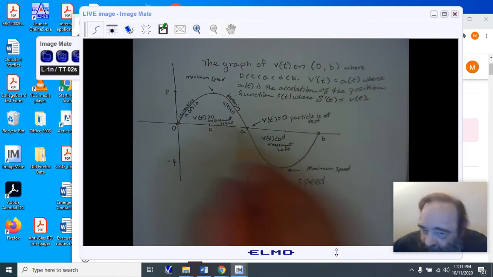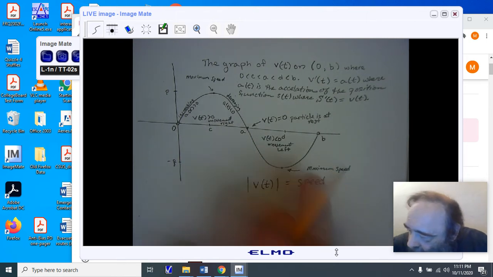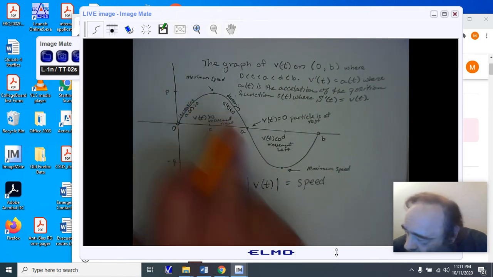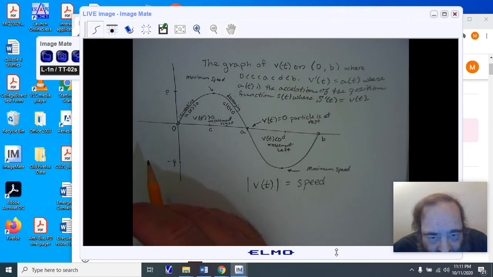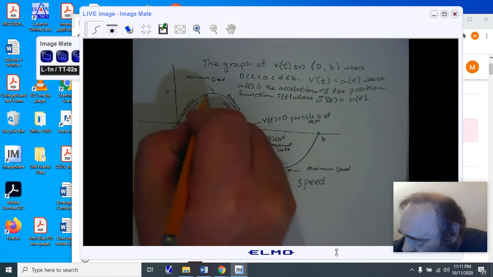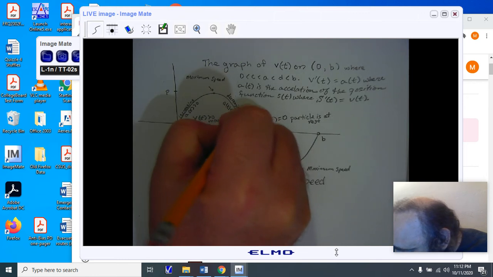Now you'll notice if I have a maximum speed here, and then the particle is at rest, then something has to be happening, and it's called a decreasing speed. So on this decreasing interval, I have a decreasing speed.